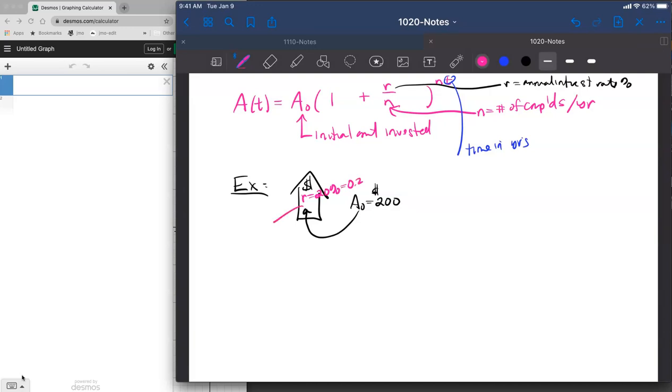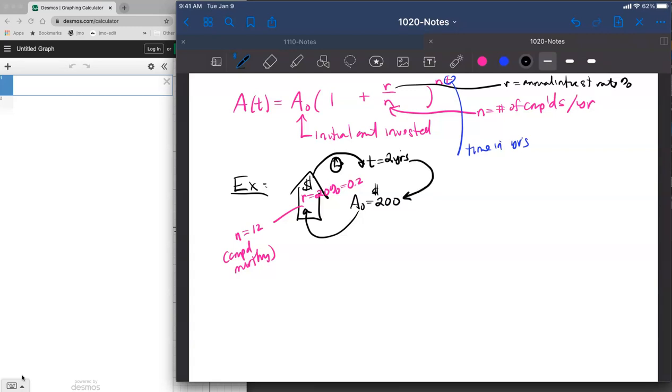You also agree that the bank is going to compound interest monthly, so 12 times a year. And then we're going to wait some amount of time t, maybe 2 years, before we get our money back.